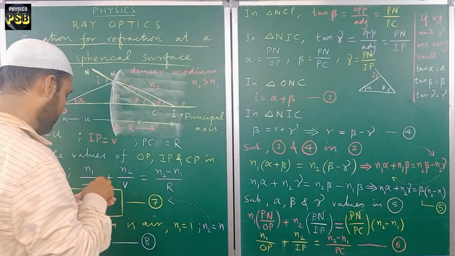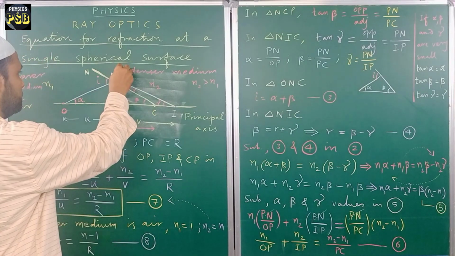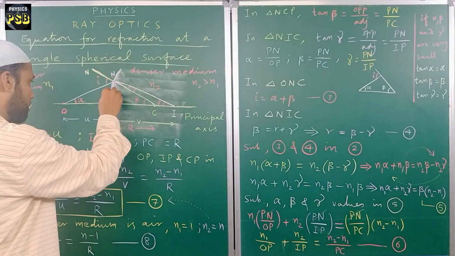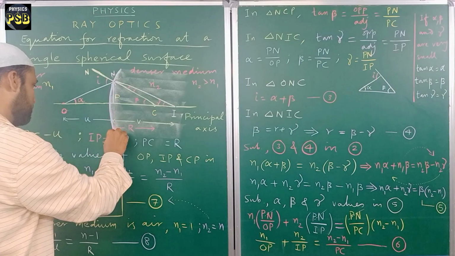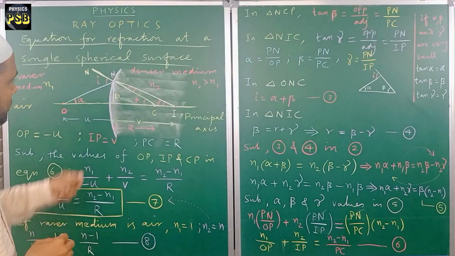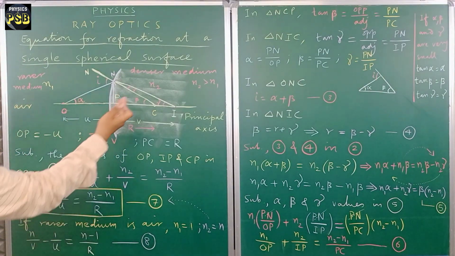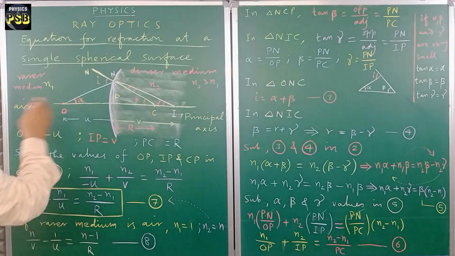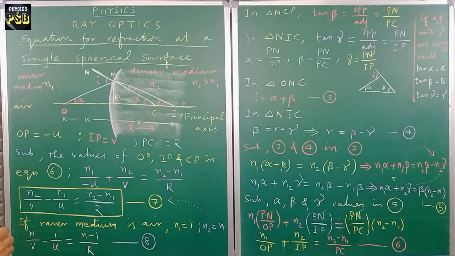And this is the spherical surface, which divides the denser medium from the rarer medium.